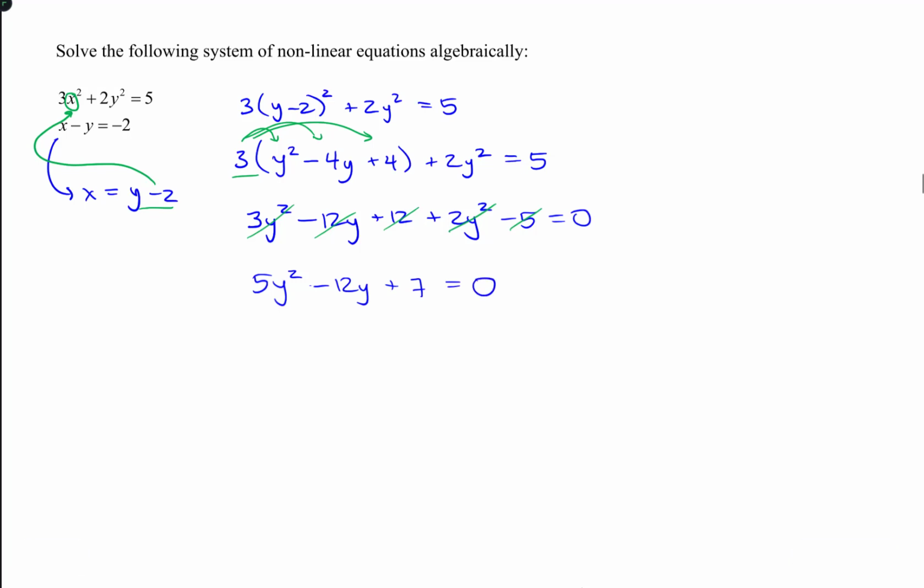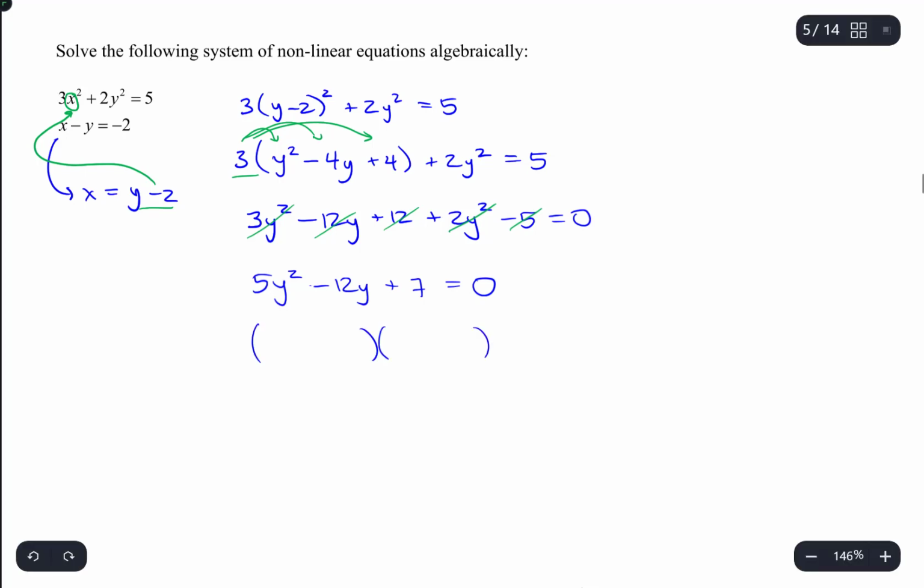Which leaves me with a quadratic that I might be able to factor, but if I can't factor, then I'll use the quadratic formula. Let's see what we can do here. The nice thing is the leading coefficient and the constant are both prime numbers, which means there's not a lot of combinations to try here in the first place.